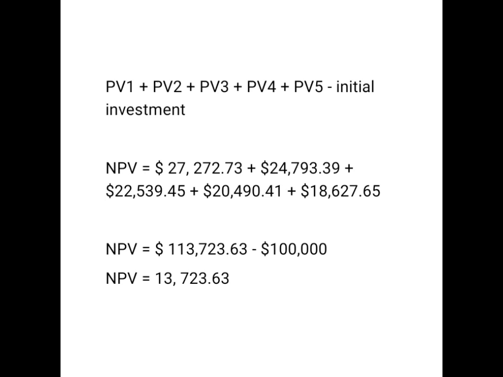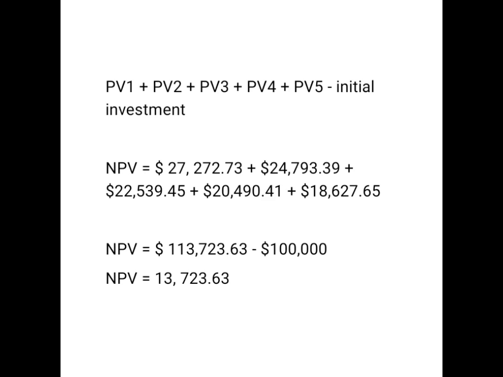Next is calculating and adding the present values from year 1 to year 5, and then we need to subtract the initial investment. Our net present value is 27,272.73 plus 24,793.39 plus 22,539.45 plus 20,490.41 and lastly plus 18,627.65 US dollars.